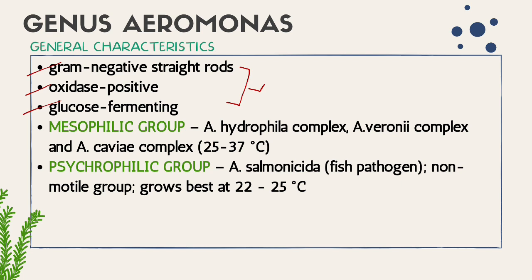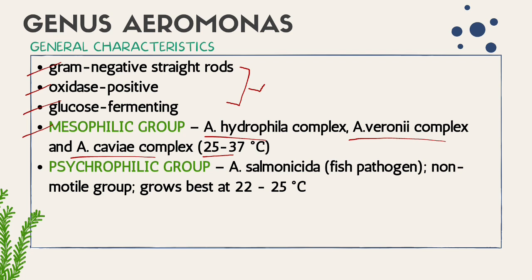They are classified into two groups based on their optimum temperature of growth, such as your mesophilic group, which usually has your species Aeromonas hydrophila complex, Aeromonas veronii complex, and your Aeromonas caviae complex. So normally for mesophilic groups, they require at least room temp for their optimum growth, but they can grow until 37 degrees Celsius or incubator temperature.